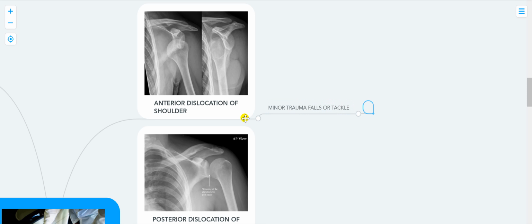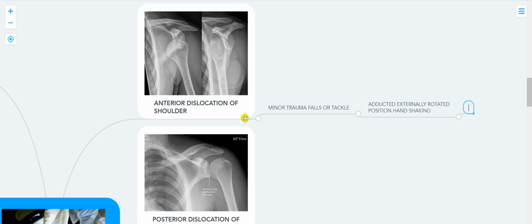The patient presents with an adducted, externally rotated position, like hand shaking. Just like you want to shake the hand of someone else.